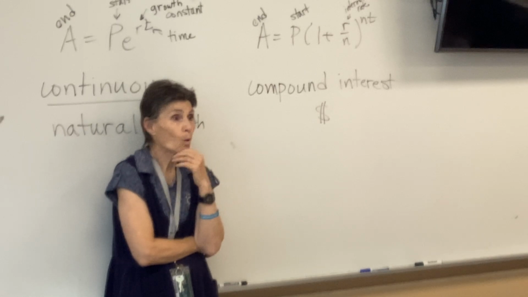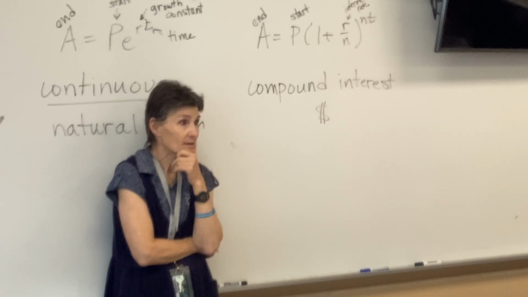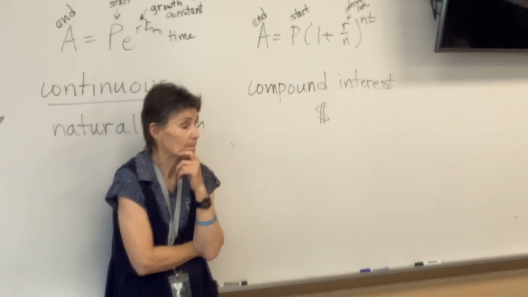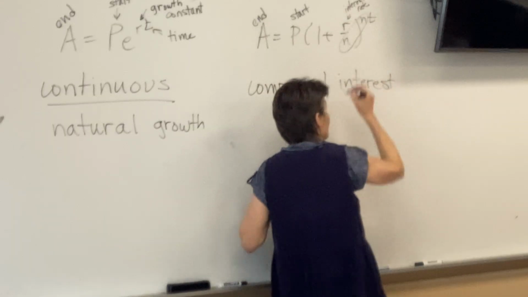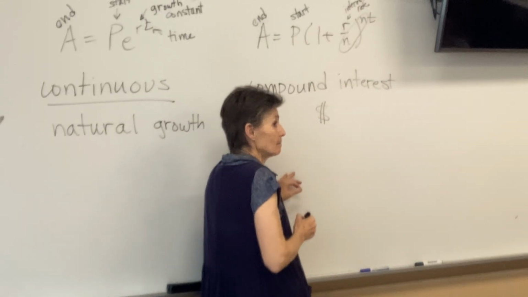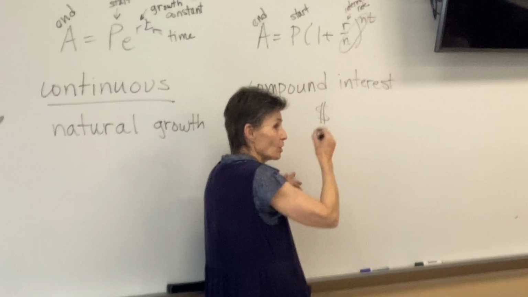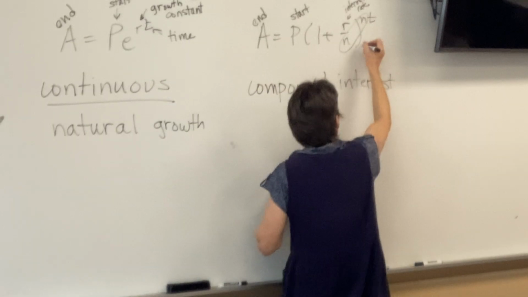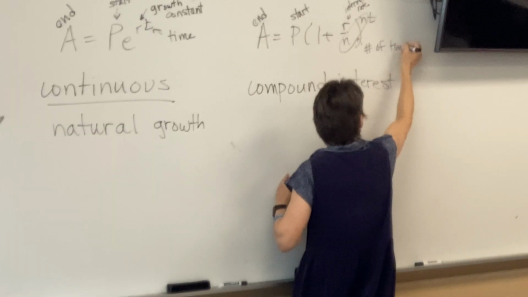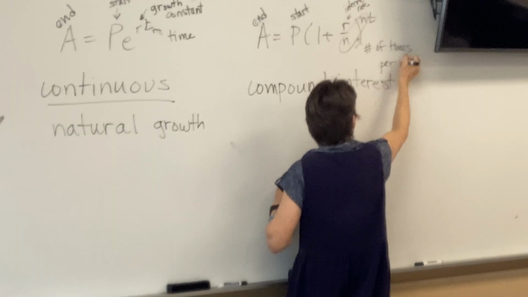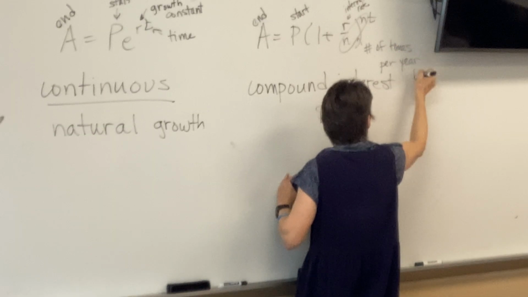So if it's 12%, 0.12. N is here twice. Same number, just goes in twice. And N is the number of times per year that you compound.